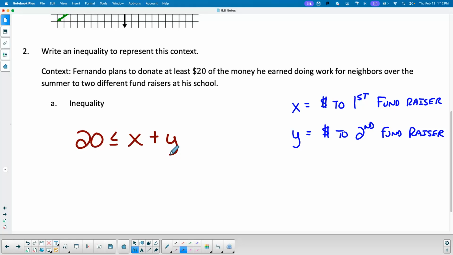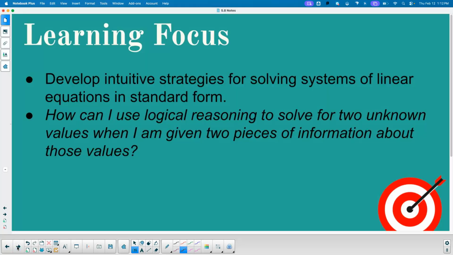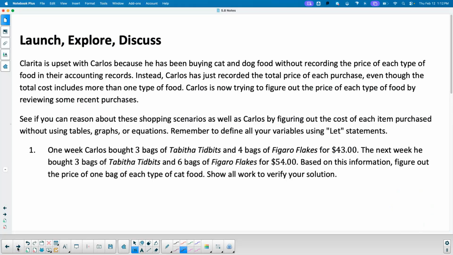Okay? Alright. Love it. So today we're going to shift gears a little bit. So we've been talking about Carlos and Clarita and their pet boarding business. We had spatial. We had to deal with how much space they had to use.